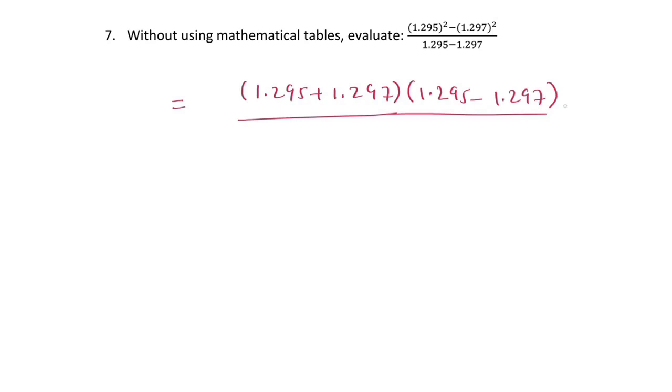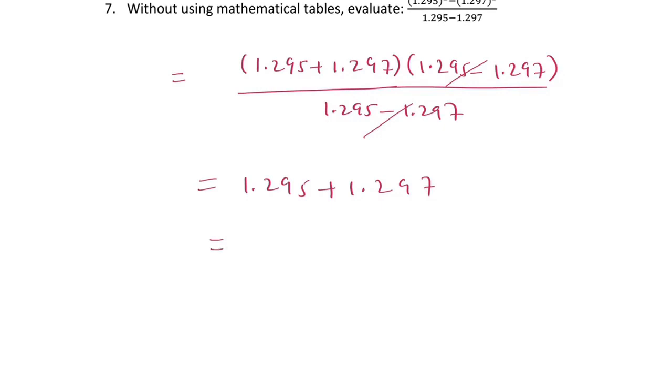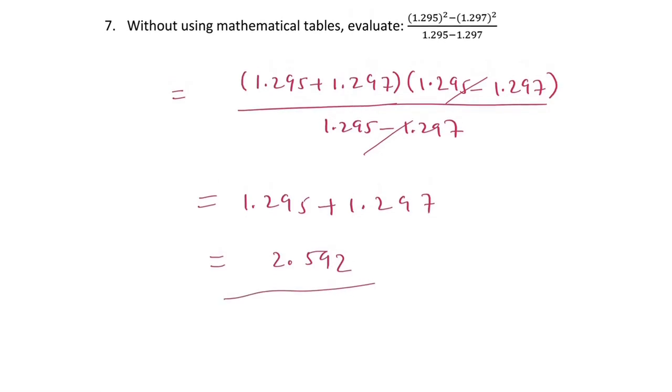So for this one, we can see that 1.295 minus 1.297 is common to both numerator and denominator. Then we are going to cancel them. Then our expression is going to be 1.295 plus 1.297. Solving this, we are having 2.592, and this is going to be our answer.